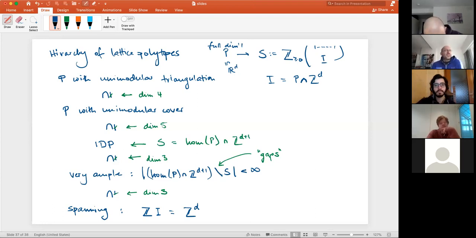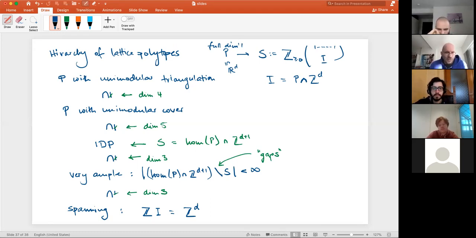And so this class is interesting in the following sense. This is a class that has only been named a couple of years ago, but it's interesting in several ways. It's a very mild condition, so a spanning polytope is not a generic lattice polytope, but it doesn't have that many conditions.